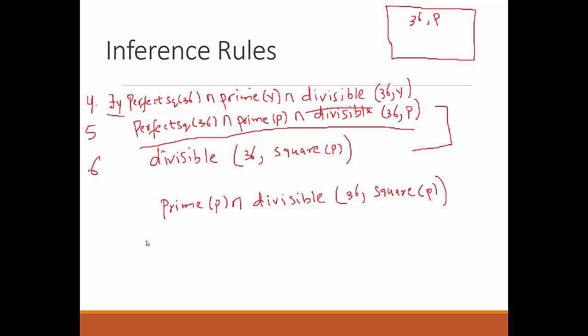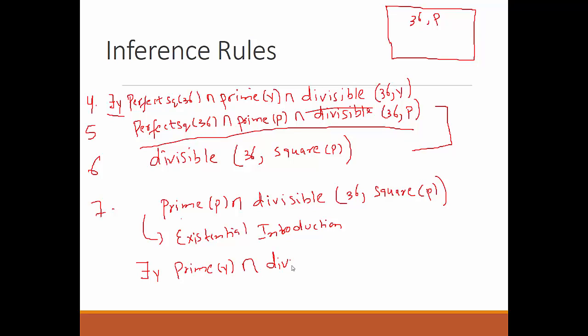So we will introduce in 7 the existential introduction, and this statement becomes for some y prime y and divisible 36 comma square y.